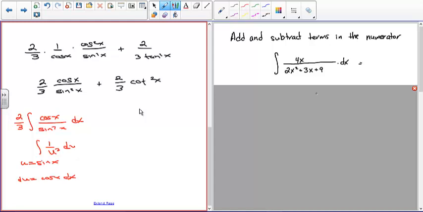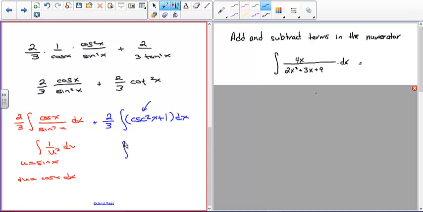For this part, you would have 2/3 times the integral of the cosecant squared of x plus 1 dx. And the integral of the cosecant squared is minus the cotangent.